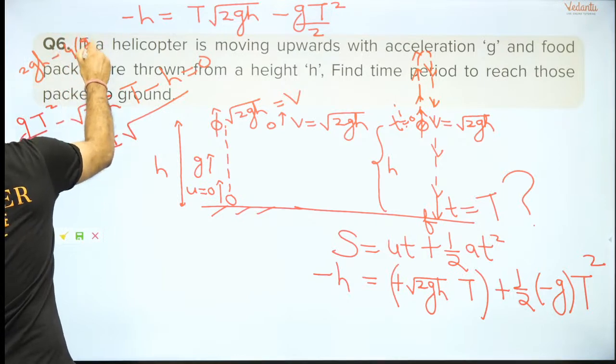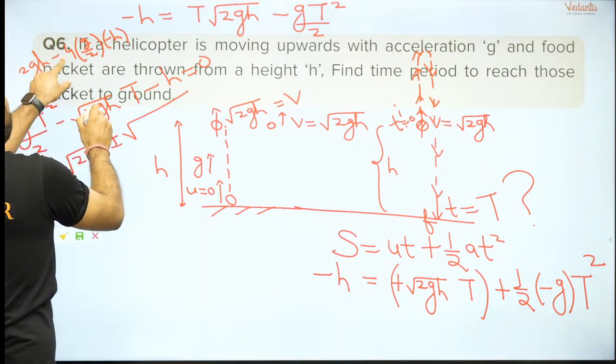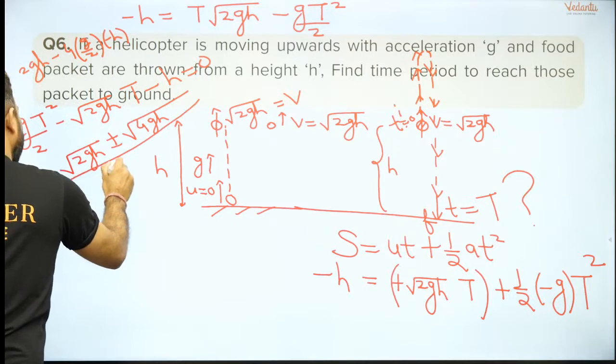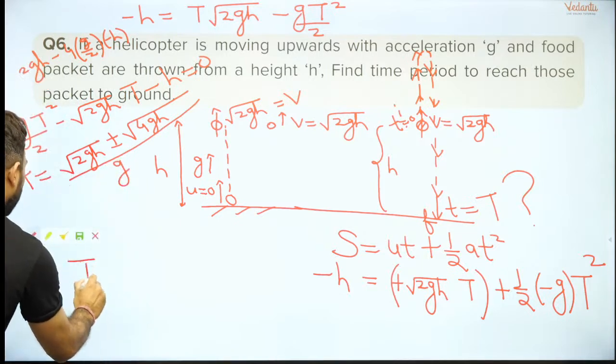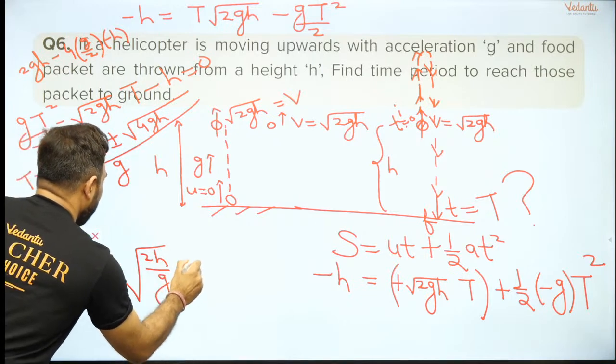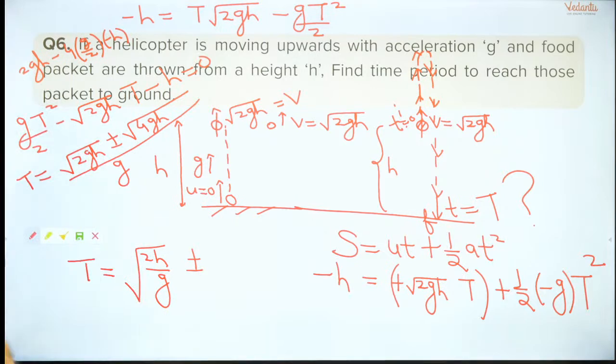It is −b, that is √(2gh), plus minus √(b² − 4ac). b² is 2gh, minus 4, a is g/2, and c is −h. So basically 2gh + 2gh, that is 4gh, upon twice a, that is g.